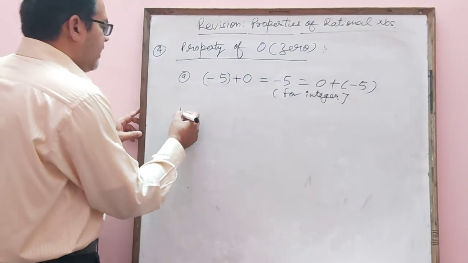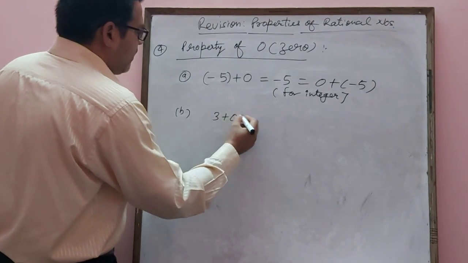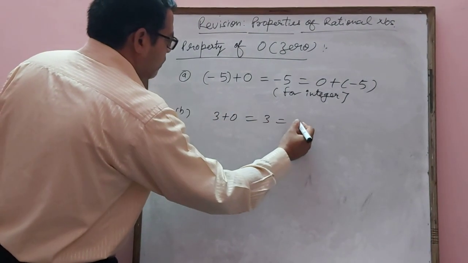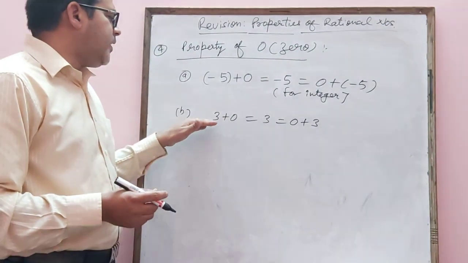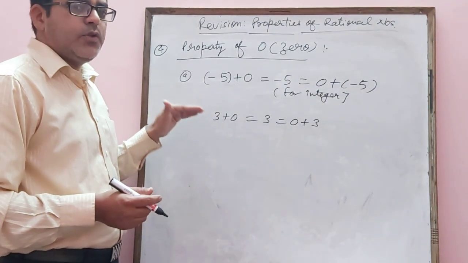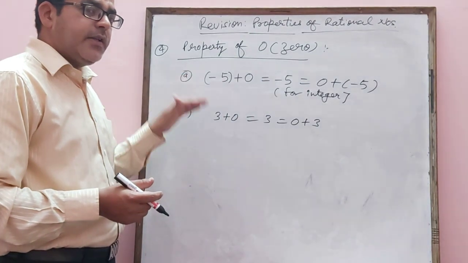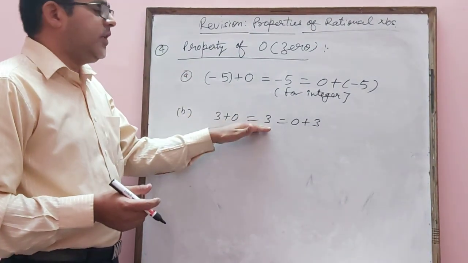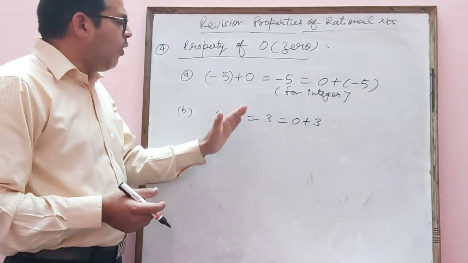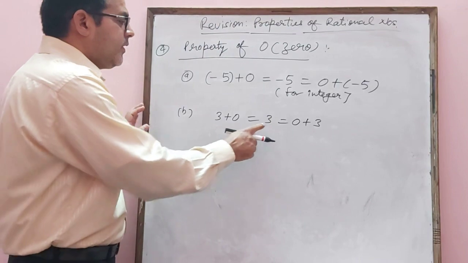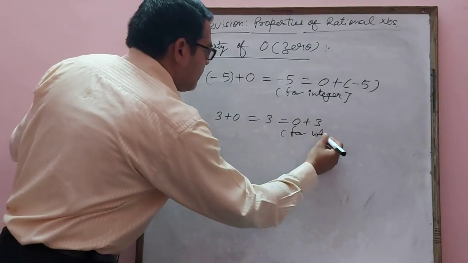And the second case that I am taking: 3 plus 0 equals 3 equals 0 plus 3. Now we are assuming 3 as a whole number. If you are adding 0 to any whole number, again the result is unaffected. Either we add 3 to 0 or 0 to 3, in both cases the result is the same, that is 3. So this is for whole numbers.